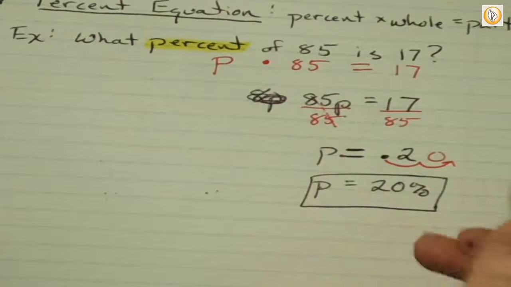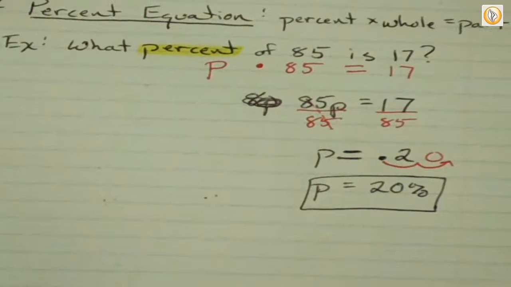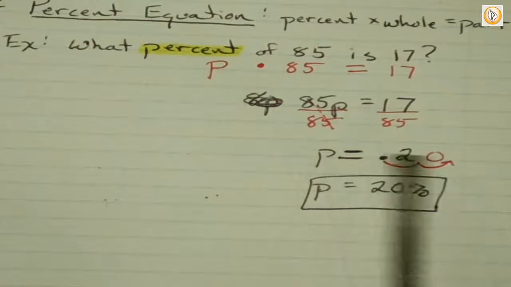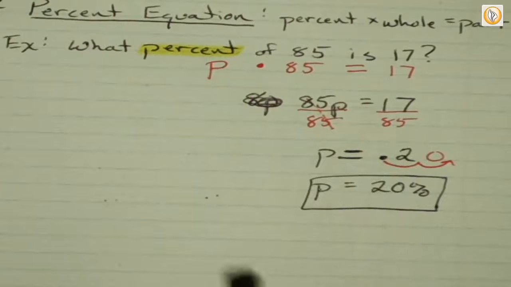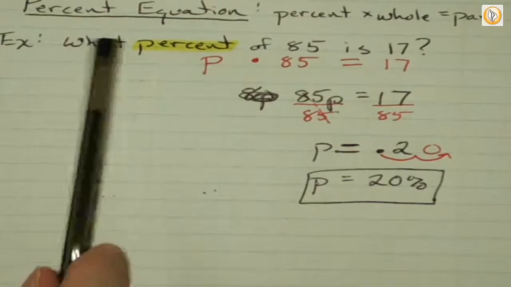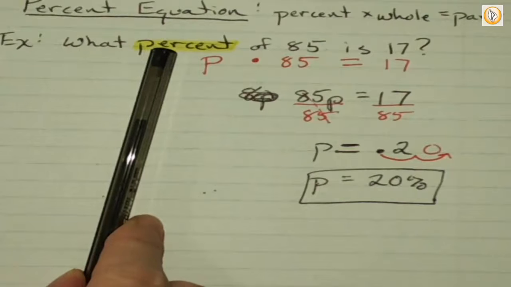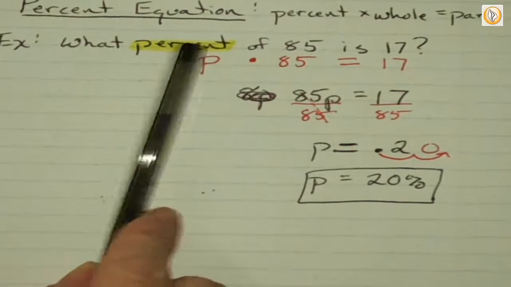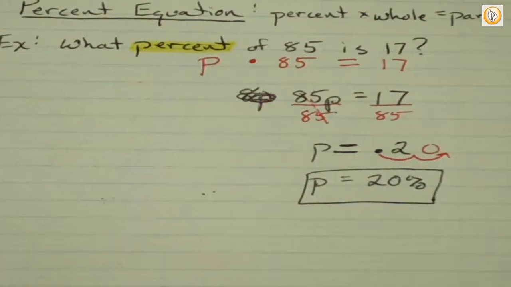Good job. Now, listen to me carefully. Very common mistake. My students will tell me 0.2 is the answer. They stop right there. This is why, number one, I suggest to my students highlight percent. That should be a clue.